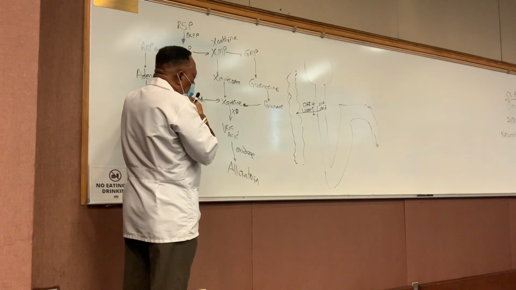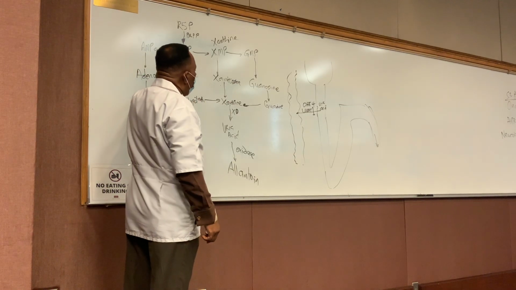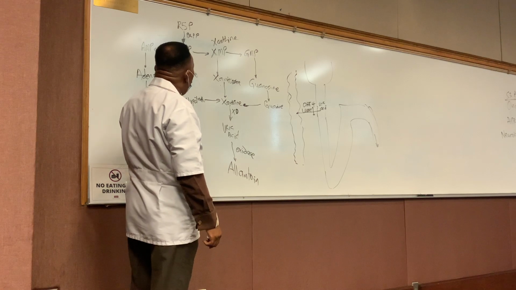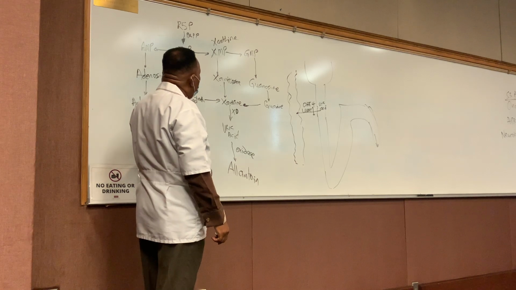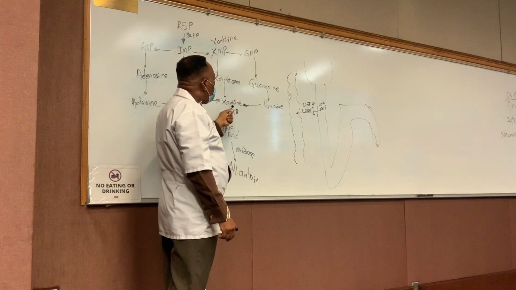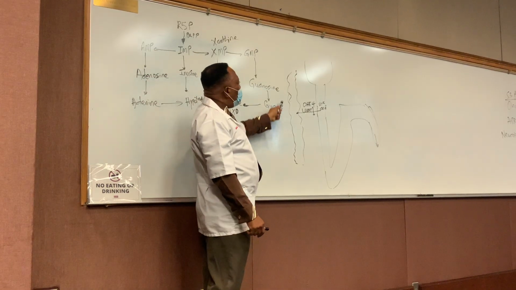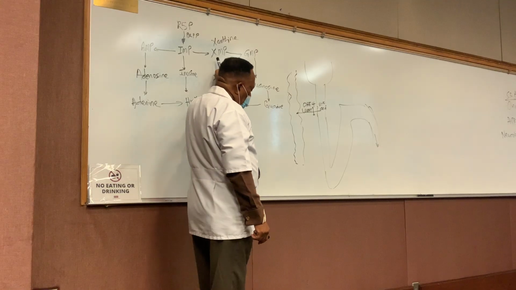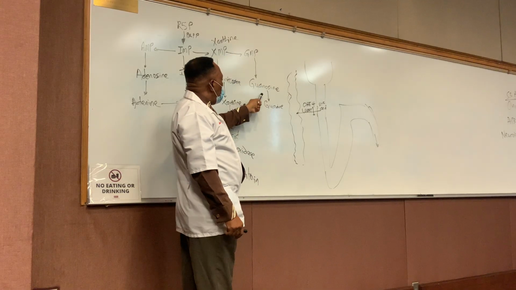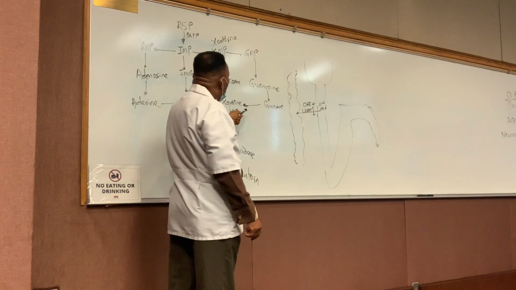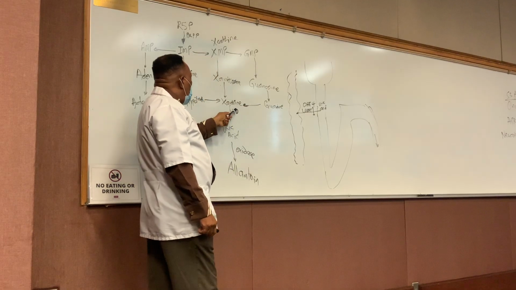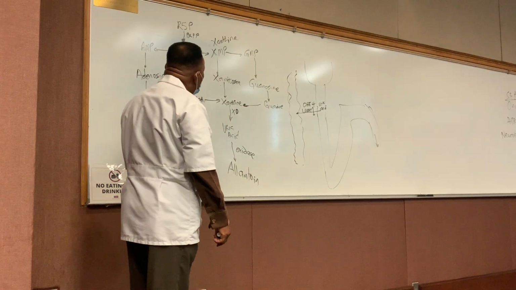And you see the same thing with inosine monophosphate going down to hypoxanthine, and then from hypoxanthine it can be converted to xanthine. And that's the pathway that xanthine monophosphate will follow. Then get down to your guanine going to xanthine.